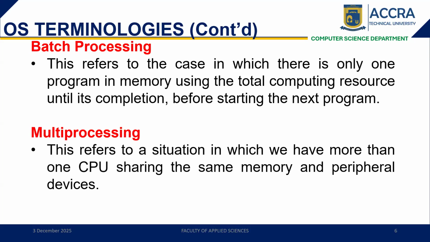We have multiprocessing. Multiprocessing means that there's a situation where you can have more than one CPU sharing the same memory and peripheral devices. So if you have heard of a dual processor, dual core, maybe i7, dual core i5, the processor is not only one. The CPU is more than one.